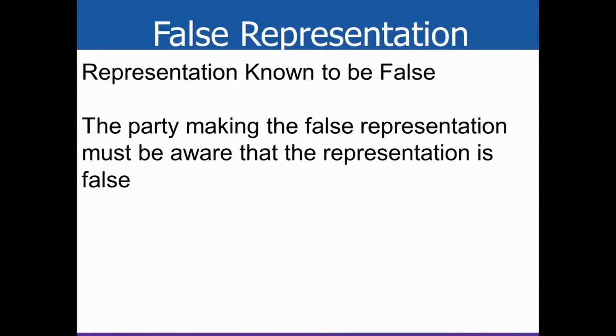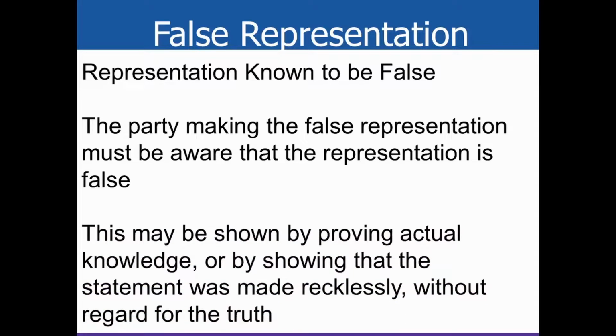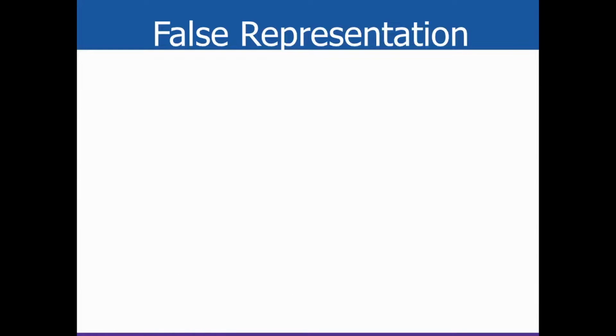Representation known to be false: the party making the representation must be aware that it's false. This may be shown by proving actual knowledge or by showing the statement was made recklessly without regard for the truth. If he doesn't know that it's false, then he won't be held responsible.